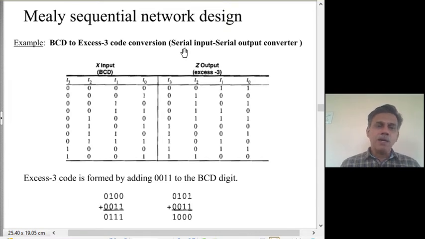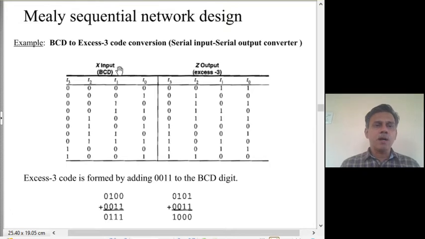The problem can be understood by looking at this table, which depicts the conversion between the BCD and XS3 code. The BCD encoded decimal number will have 4 bits. We will call it the X input.